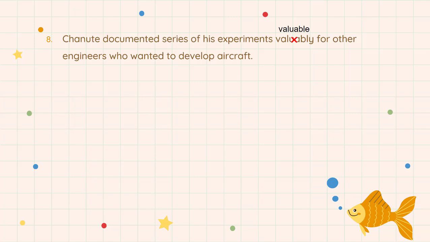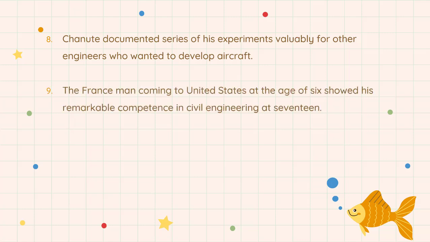And the position is post positive, not here before the noun, because we want to emphasize the experiments valuable for other engineers. This is only about how you want to stress or to emphasize the meaning of the sentence, especially the word valuable. Okay, number 9.